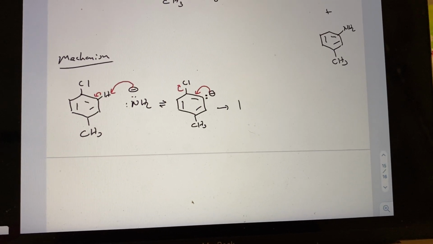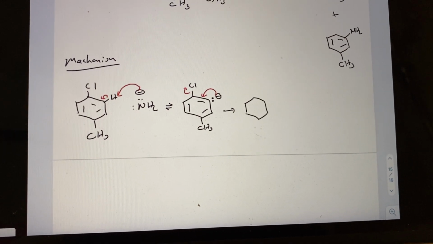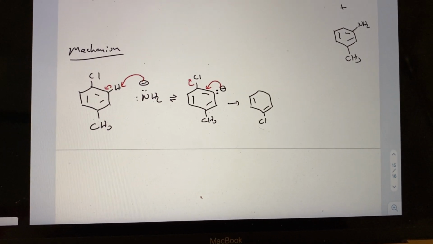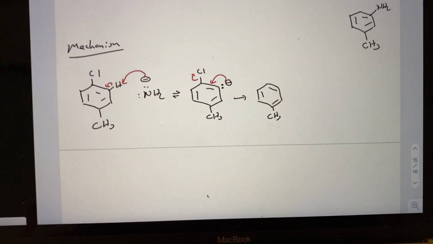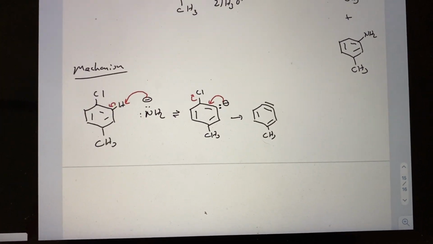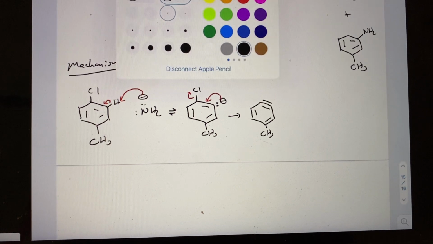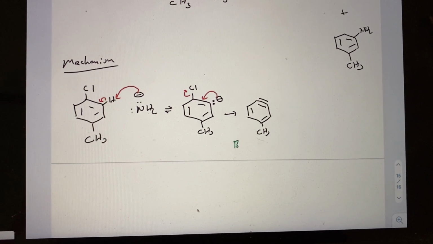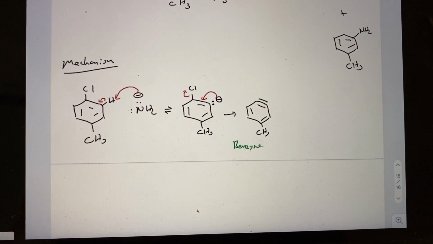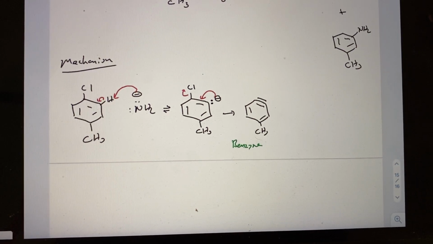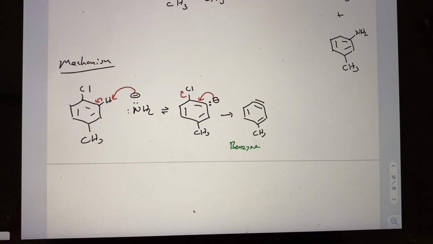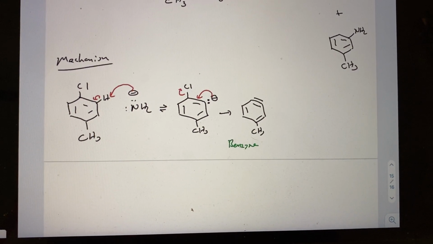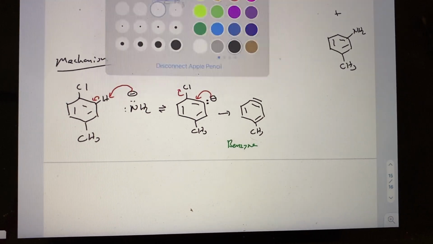I'm sorry, this is a single arrow now. And form this species here where we now have a triple bond, actually. This is benzene with the triple bond, or benzyne as the intermediate. And now this is going to be quite highly unfavorable energetically.